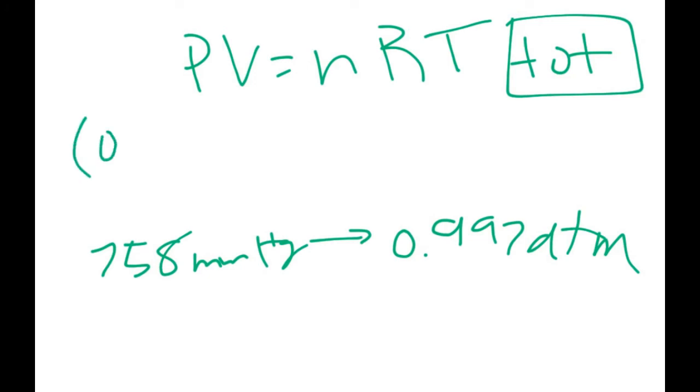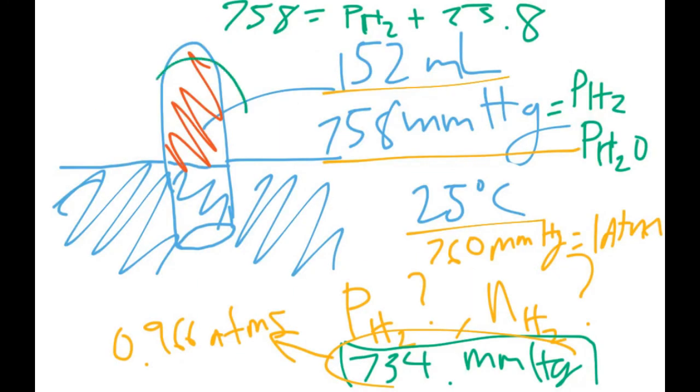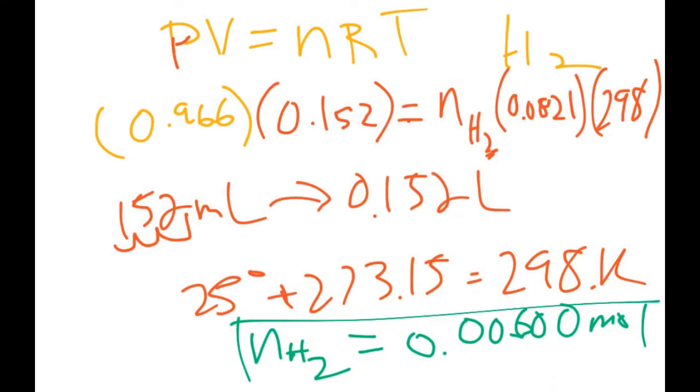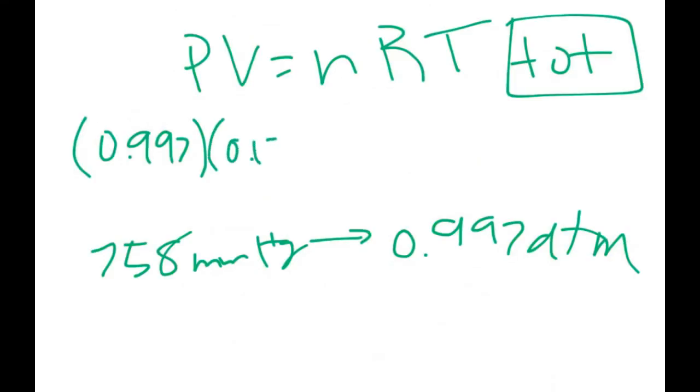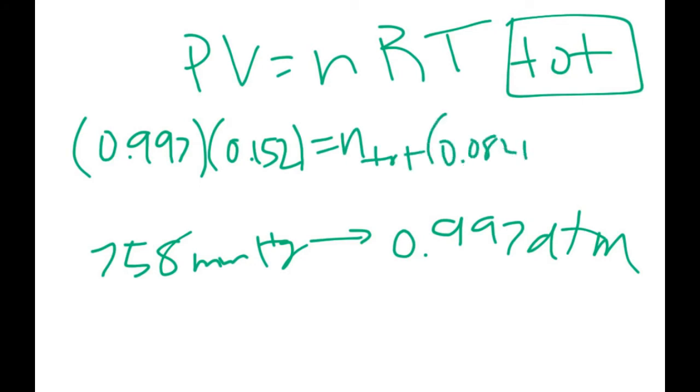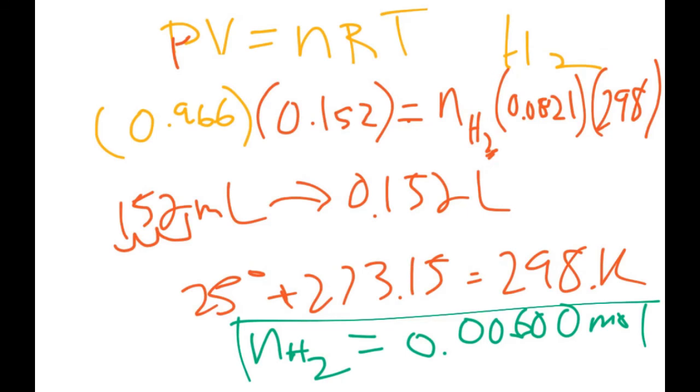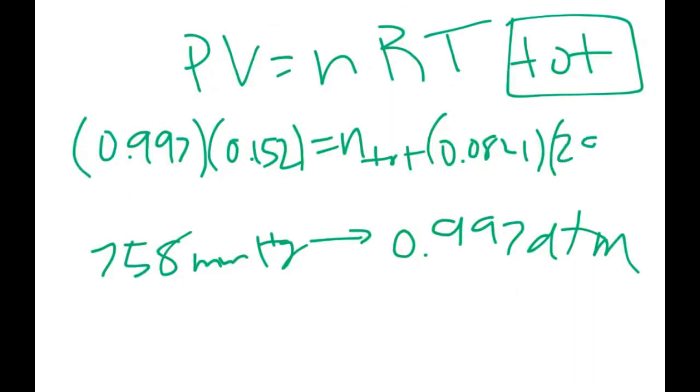So our P is 0.997, and our volume is just the volume of the container, which is 0.152 liters once again. And this is equal to the moles of total times R, 0.0821, and our temperature again is the same, 298.